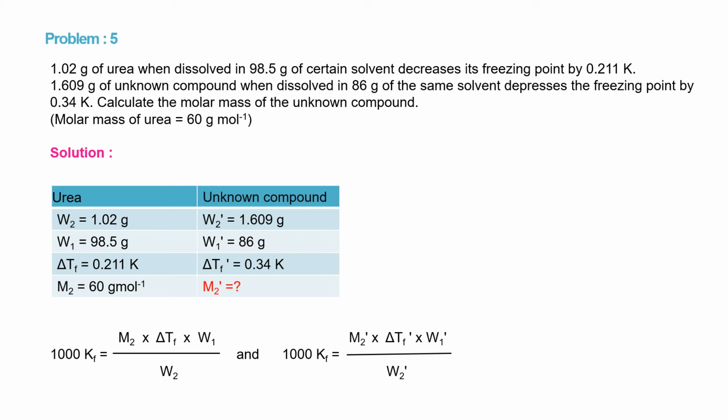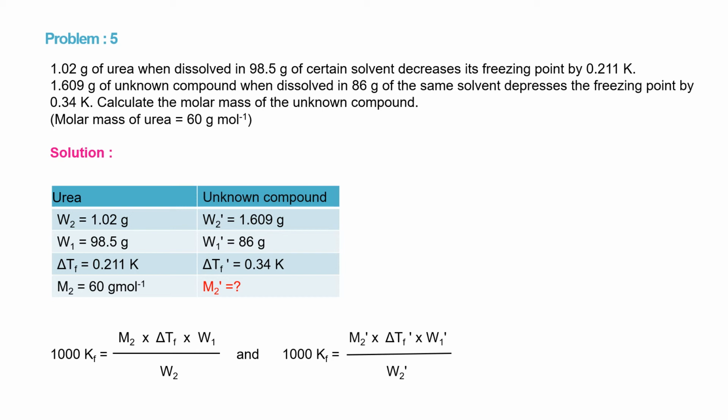For the unknown compound, we take W2 dash, that is 1.609 gram, W1 dash, that is 86 gram, and delta Tf dash, which is equal to 0.34 Kelvin, but you have to find the molar mass of that unknown compound. Now the formula is the same, that is delta Tf is equal to 1000 into Kf into W2 upon M2 into W1.